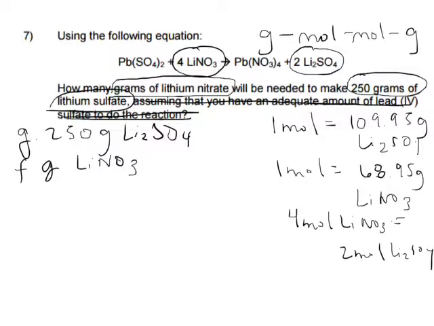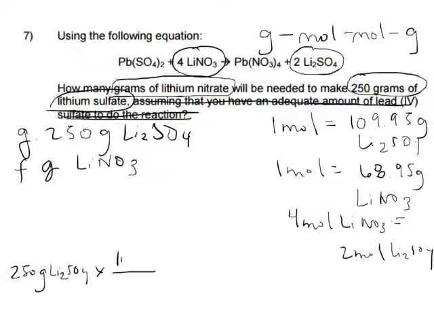All right, so we're going to plug in our given. Gosh, I hope I don't run out of room, but I'll do the best I can. 250 grams of lithium sulfate. I want to go to moles first. So I'm going to plug in the molar mass of the lithium sulfate.